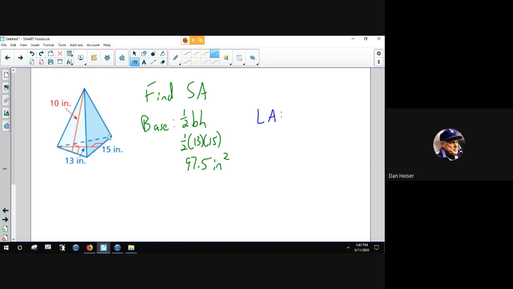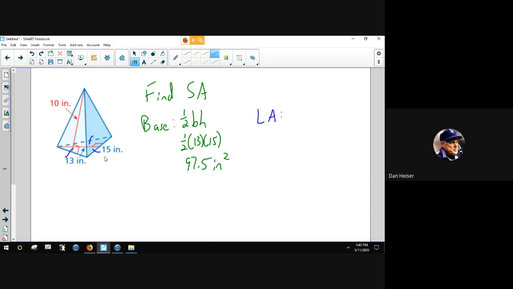We don't have those. Or do we? In this particular figure, all 3 of those sides are equal. How do I know that? It was given from the source that I got this from.